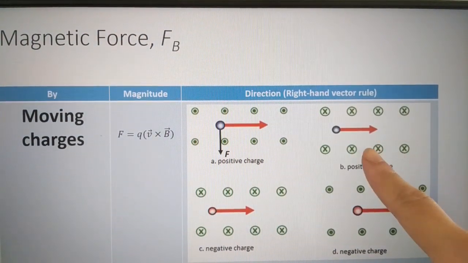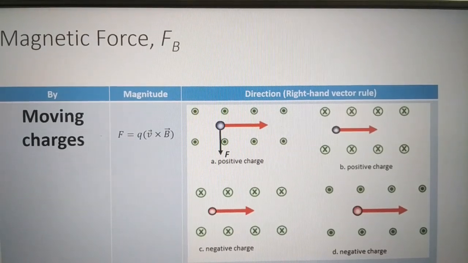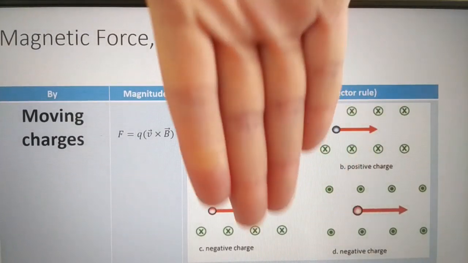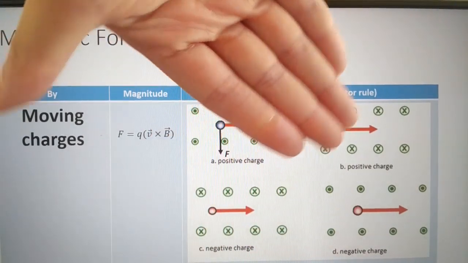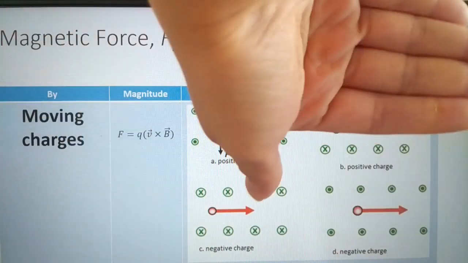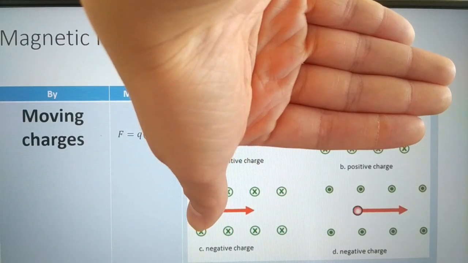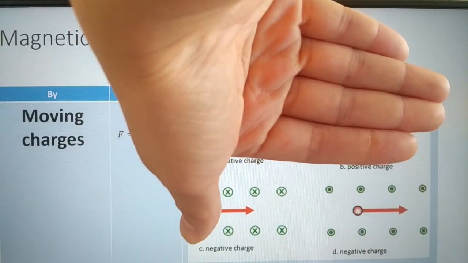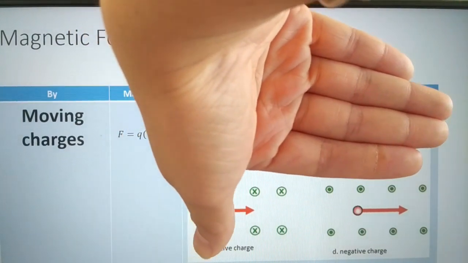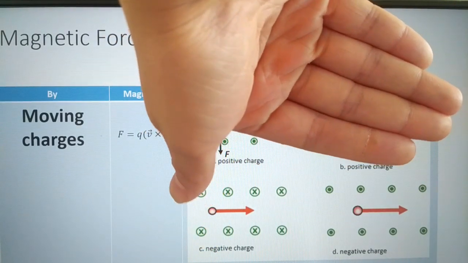What about this one here? Again, same thing, a positive charge. Use your right hand rule. Point in the direction of velocity, and then the magnetic field is into the page. You have to cross into the page. How do I cross into the page?